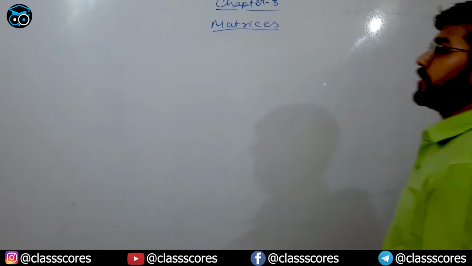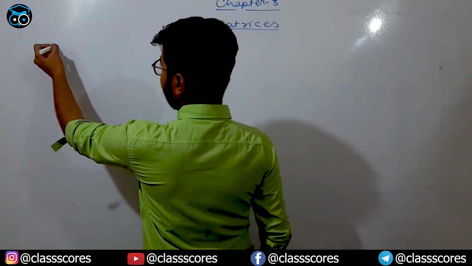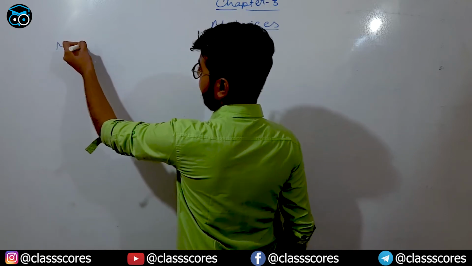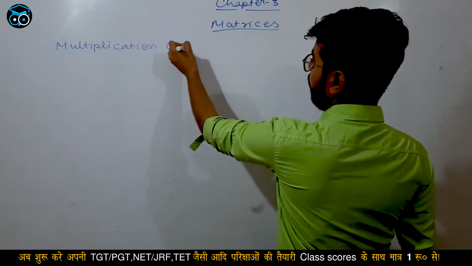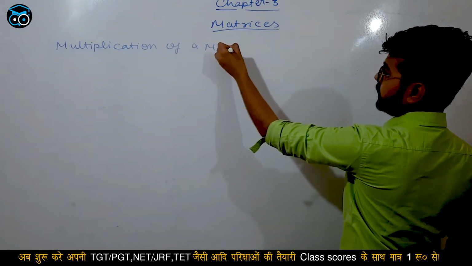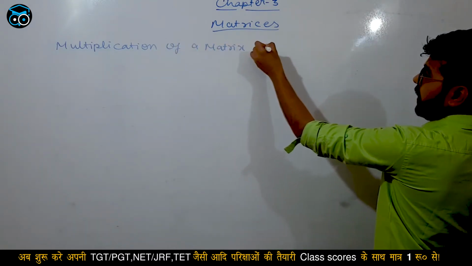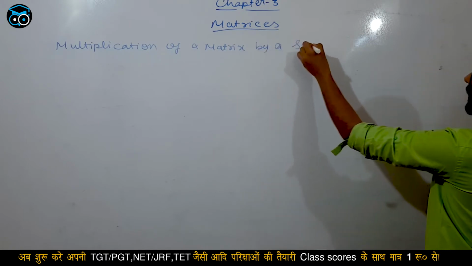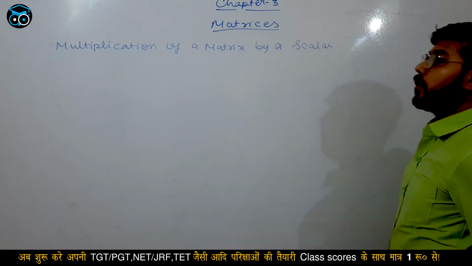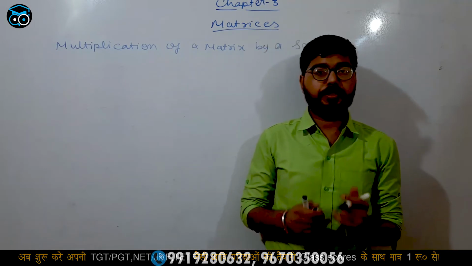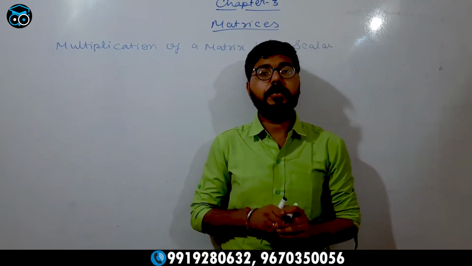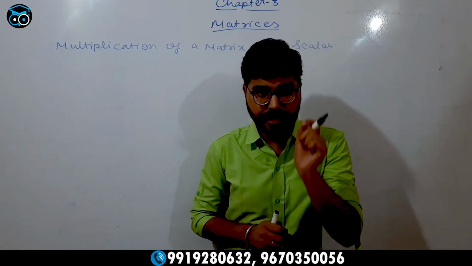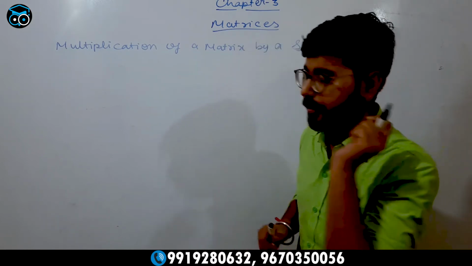Now moving further towards our next topic, that is multiplication of a matrix by a scalar. It means when a scalar number is going to multiply a matrix, then it will be multiplied into each and every element of that matrix.